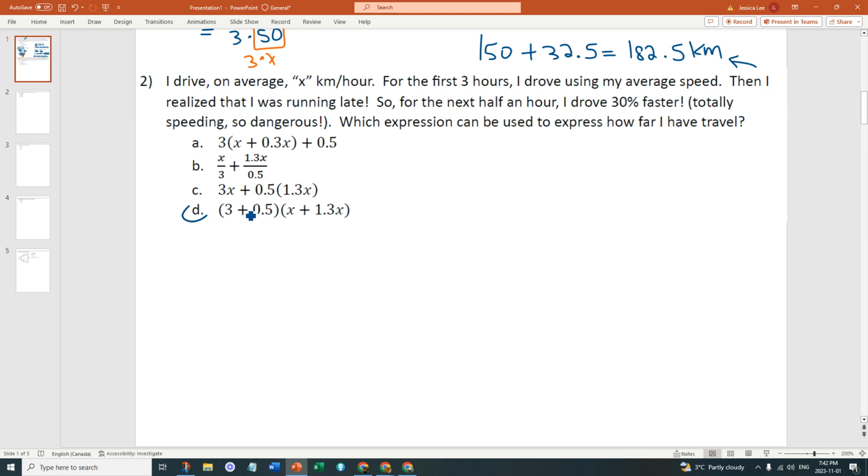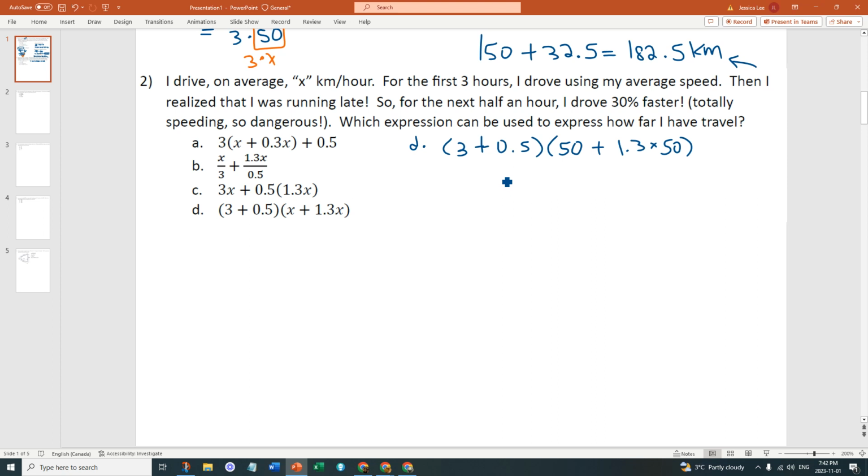So let's test D. Each time I'm going to write exactly what it is, but when I see x, I will replace x with 50. So x plus 1.3x will be 50 plus 1.3 times 50. Each time I have an x, I will replace it by 50.